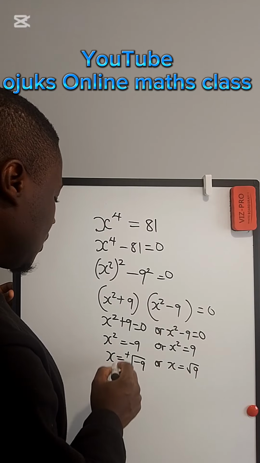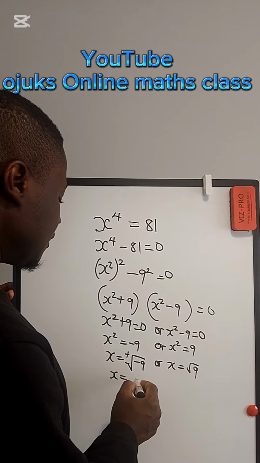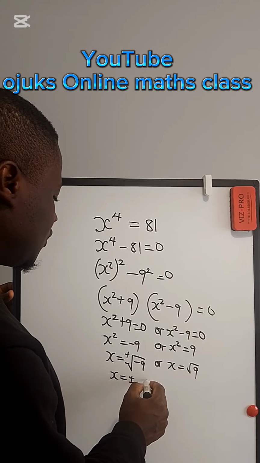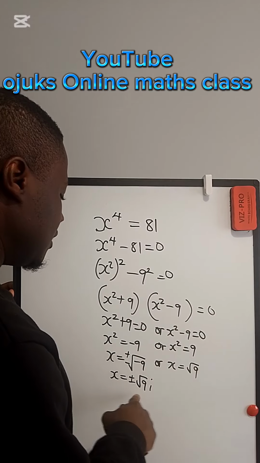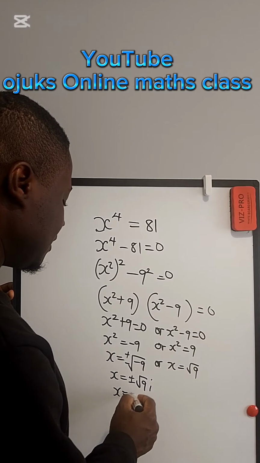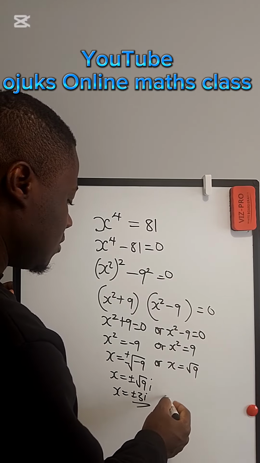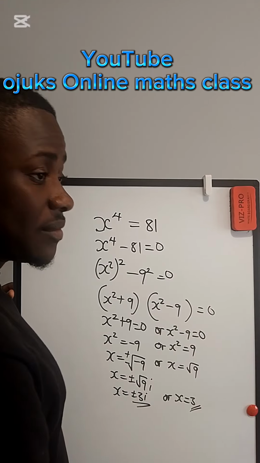So in that case, we're going to have it that x is equal to plus or minus, of course, square root of 9i. So square root of 9 is 3. Of course, that means that x is equal to plus or minus 3i, or x is equal to 3. And that becomes our result.